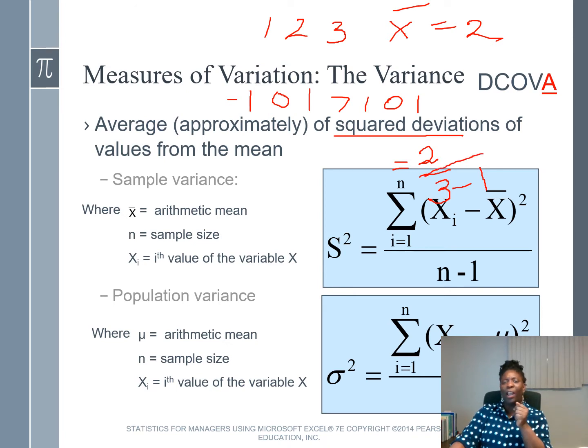In this case, we are doing a sample. 1, 2, 3 presumably is a sample from something. It just doesn't feel like the whole population of anything. If it was the whole population of anything, we would divide it by 3, but it's not. I think it is the sample, so we'll divide by n minus 1. N is 3, minus 1 is 2, and that gives us a variance equal to 1.